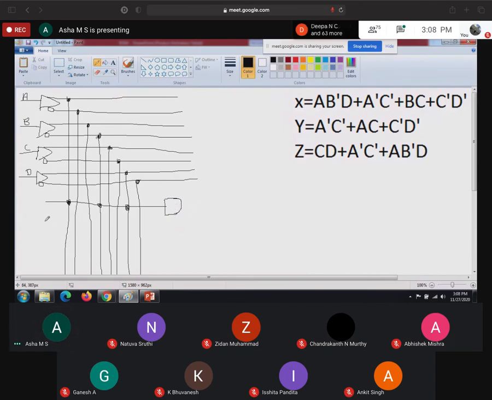Next product is A bar C bar. A bar is here, C bar is here. As output we get A bar C bar. Next is BC.